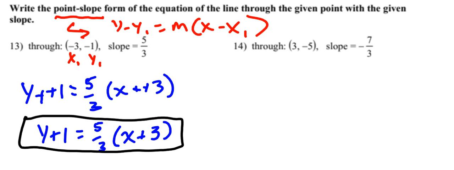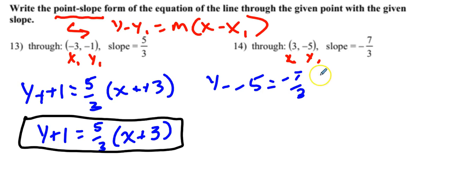Okay, so hopefully when you labeled this one, you saw that this was x1, this was y1. And when you went to plug that in, you just said negative 5, y minus negative 5 equals slope times x minus 3.